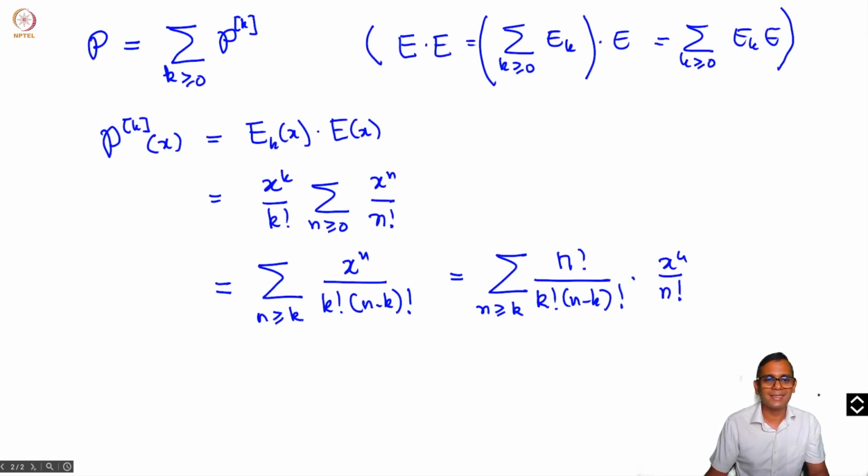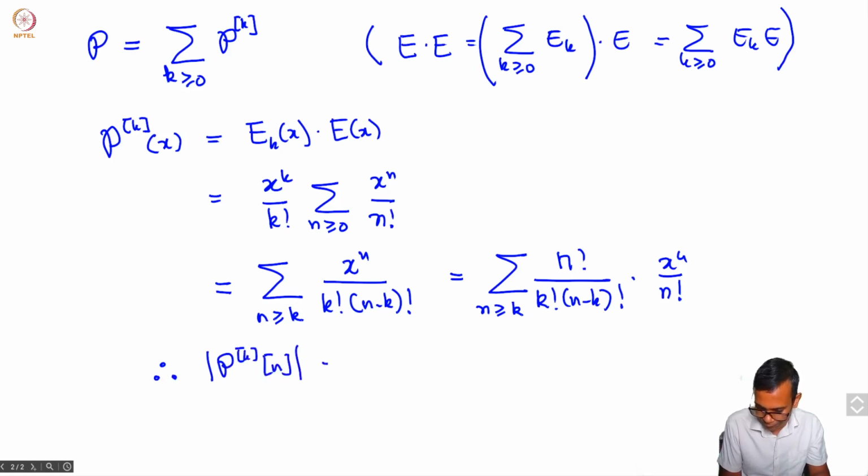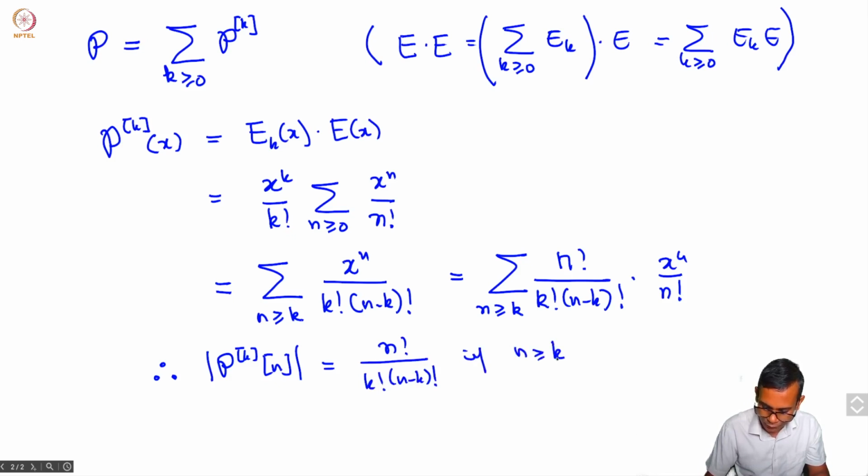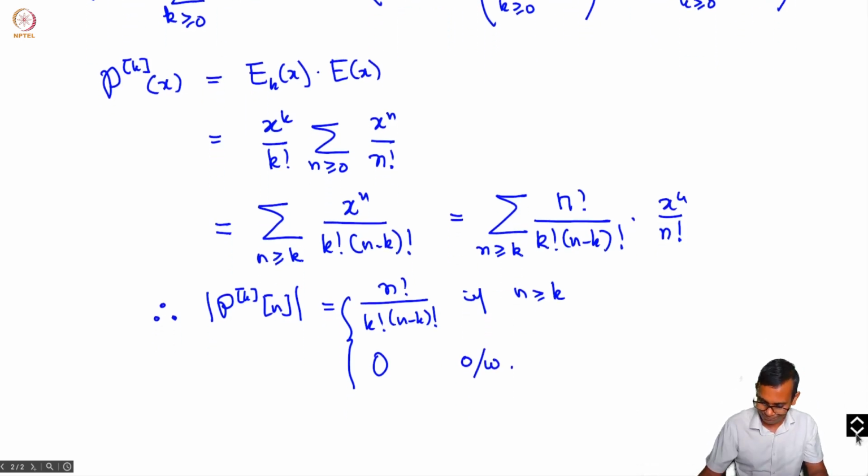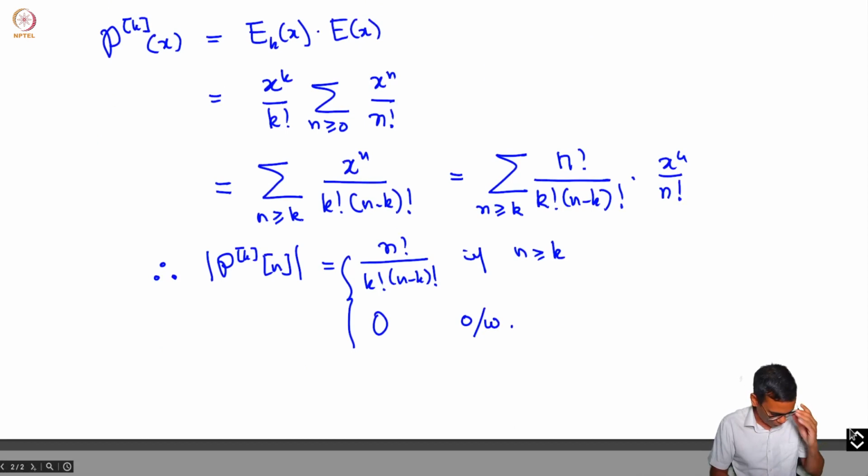And so this gives a really nice proof that the cardinality of pkn is given by n factorial by k factorial times n minus k factorial if n is greater than or equal to k and 0 otherwise. Of course, you probably know of other proofs of this, but this is a really slick proof.